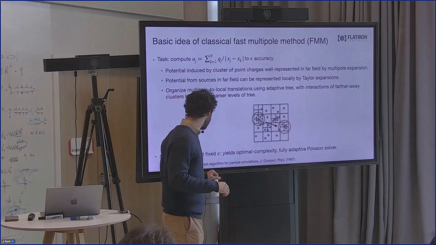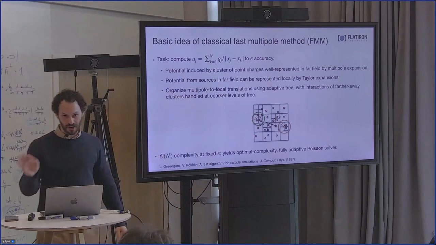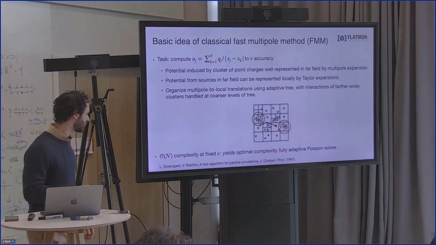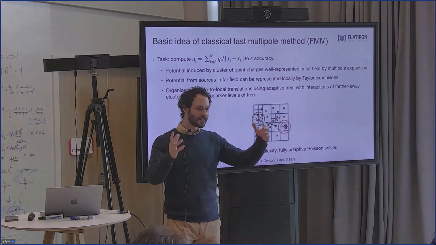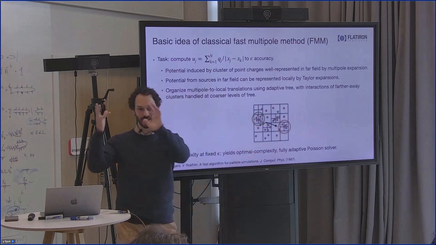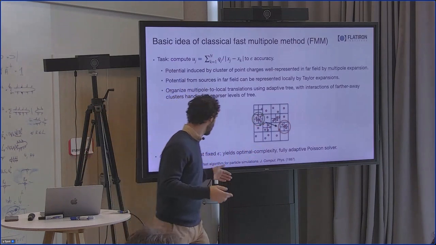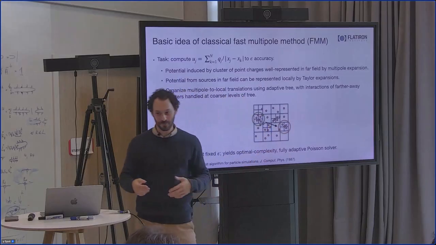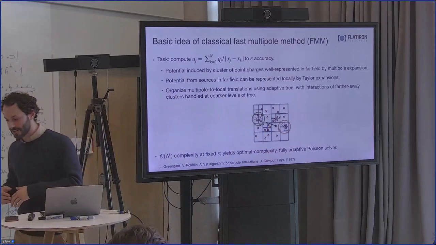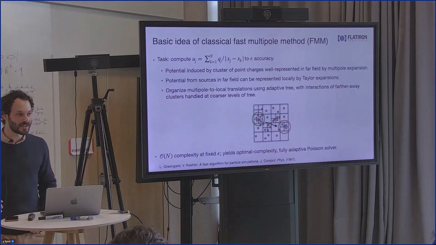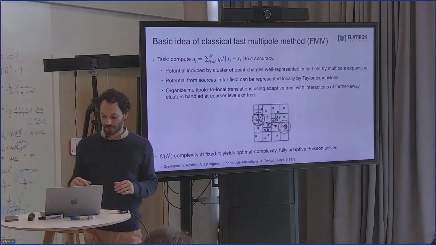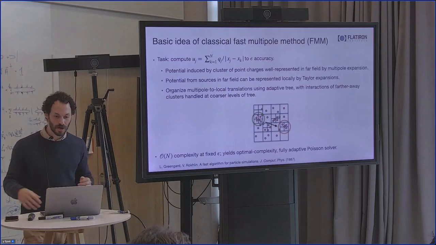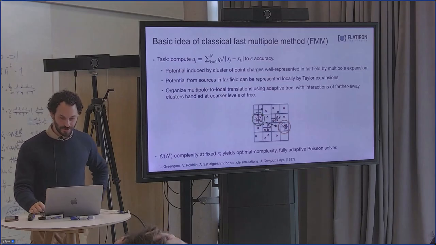The fast multipole method has an epsilon, but it will guarantee epsilon accuracy, and it will do so efficiently in epsilon. So with these discretization ideas plus these fast algorithm ideas, we get an optimal complexity fully adaptive Poisson solver. And this idea has had many, many descendants, including for other PDEs, including wave-like problems, time-dependent problems, but that's a fundamental idea.